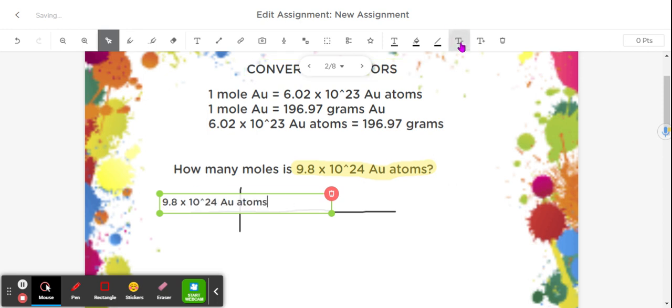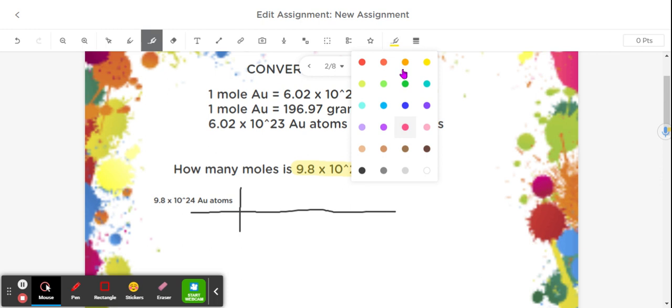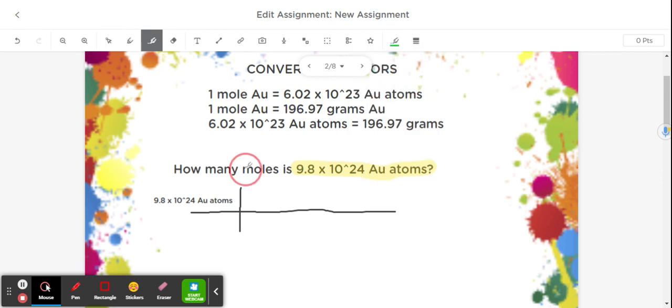Make that a little bit smaller so it actually fits. All right. We're looking for, and it's important to make note of what it is we're looking for, moles.